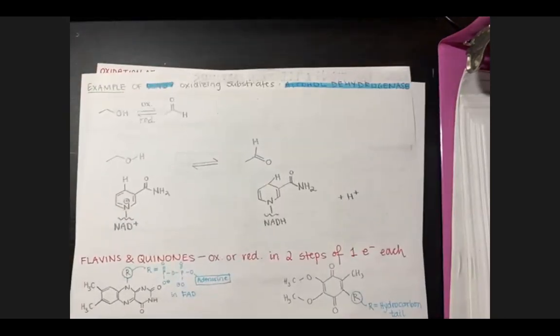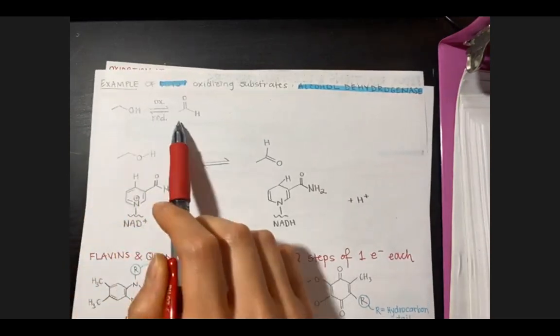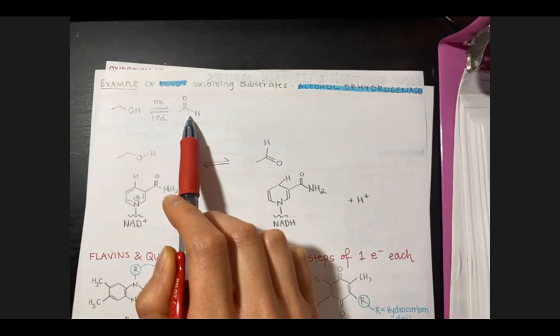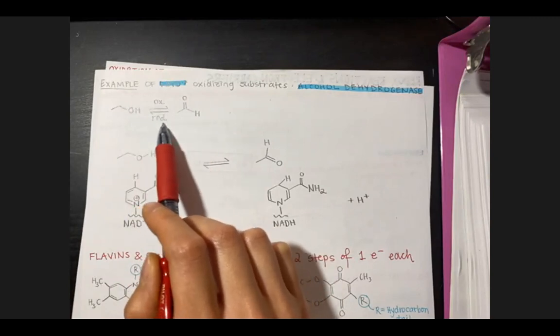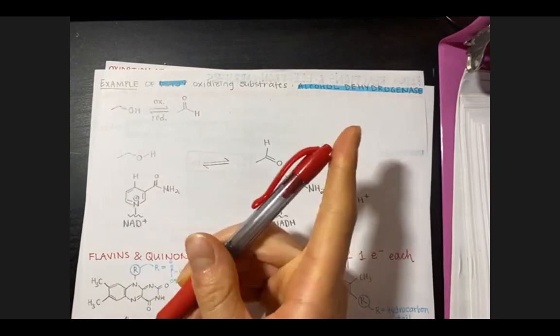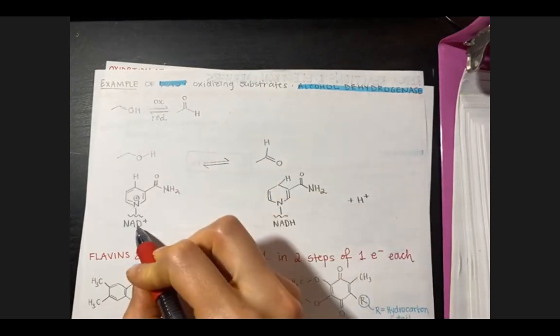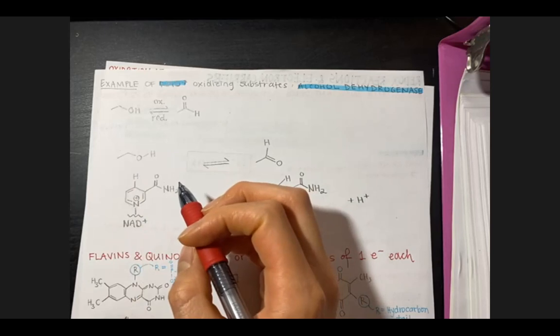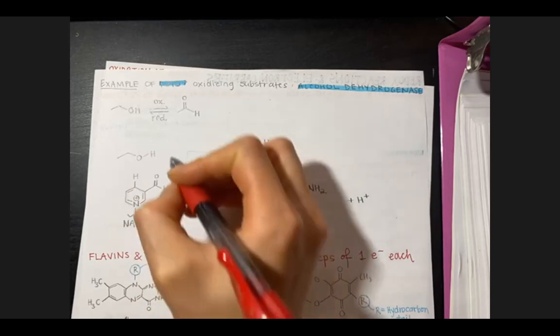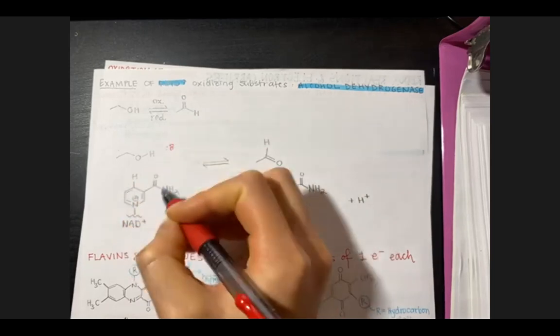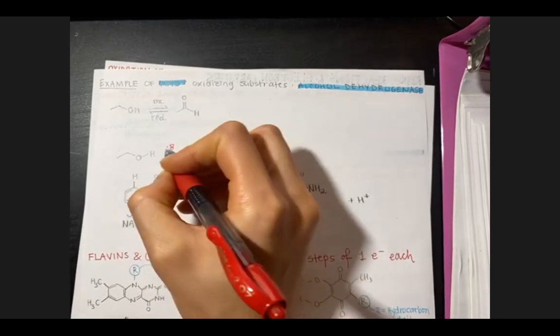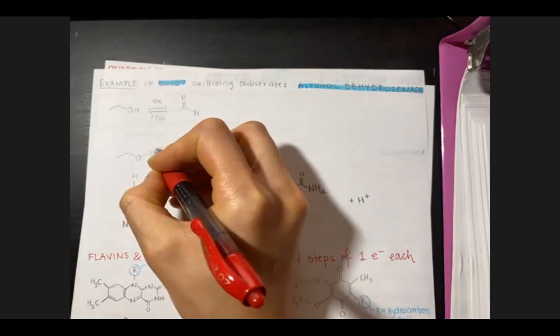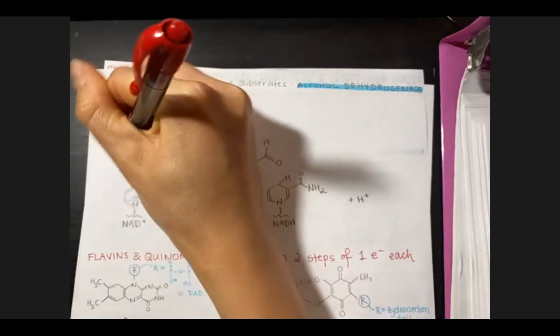For an example of the mechanism, we can look at alcohol dehydrogenase. So I have ethanol here, and when you oxidize it, it becomes an aldehyde. And you can also go in the reverse direction. So here we have NAD plus, and then we're starting with the alcohol. So let's say that in the alcohol dehydrogenase, there's a base that can abstract this proton here, and then you can imagine the 2 hydrogens here.